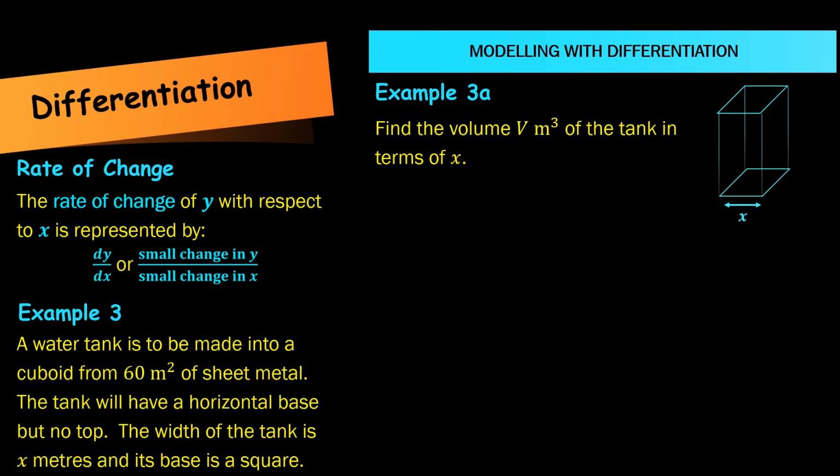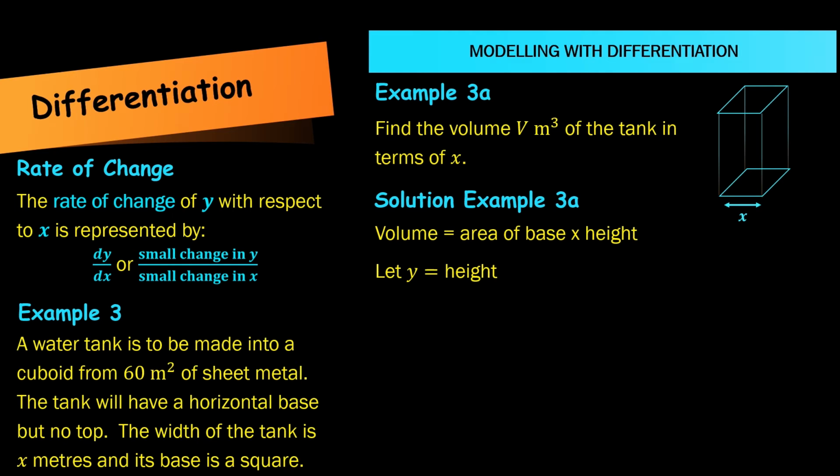So let's solve part A first. Find the volume V meters cubed of the tank in terms of x. The volume equals the area of the base times the perpendicular height. Let y equal the height, as shown in the diagram. The area of base equals x squared, as shown here.